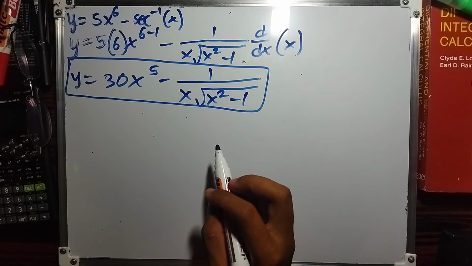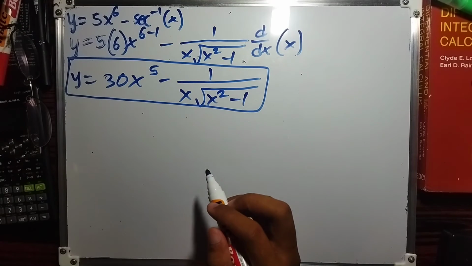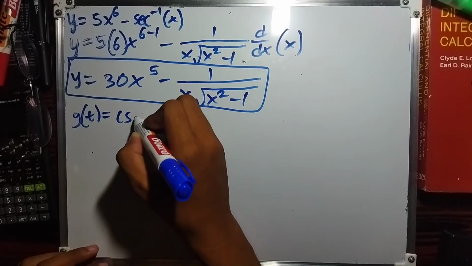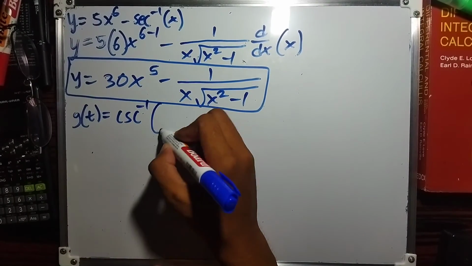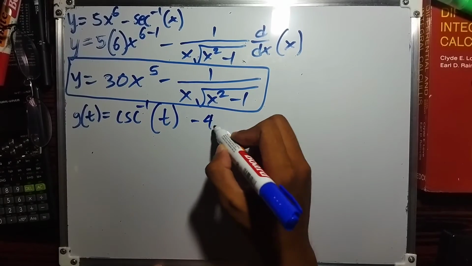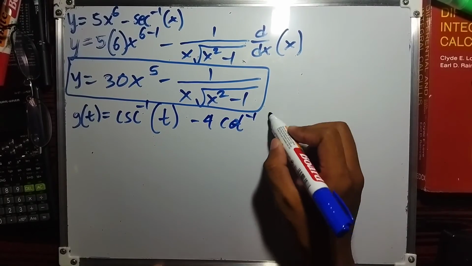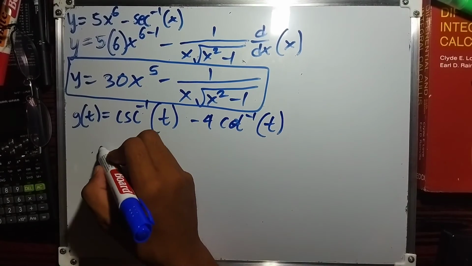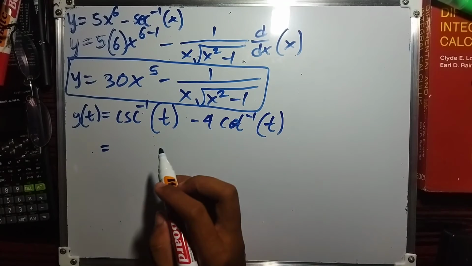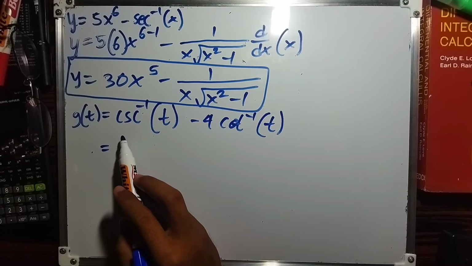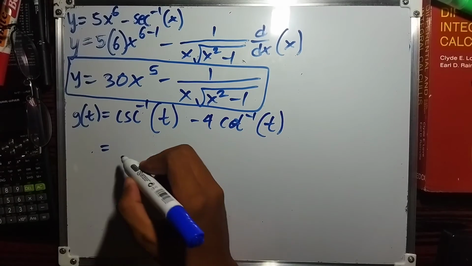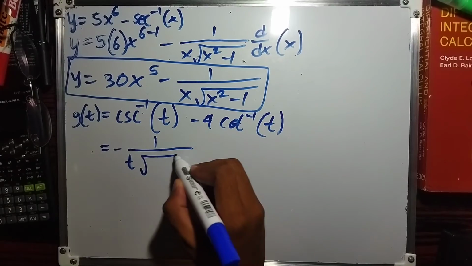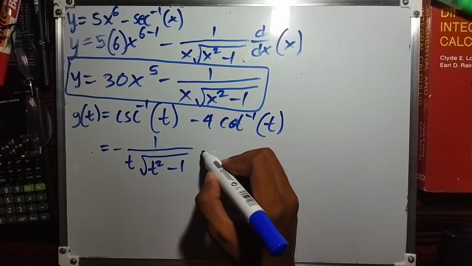And another example for the derivative of inverse trigonometric functions is g(t) equal to cosecant to the power of negative 1 of t, or the arccosecant, minus 4 cotangent to the power of negative 1 of t, or the arccotangent. Same process here: you'll be transforming the arccosecant to its corresponding and respective derivative. So it will be negative 1 over t times the square root of t squared minus 1.